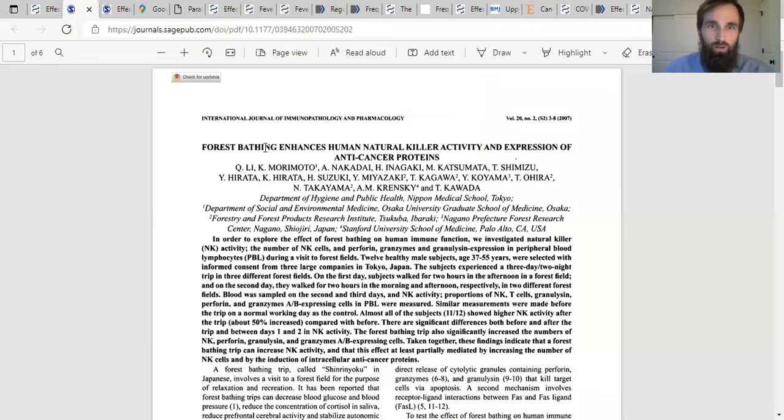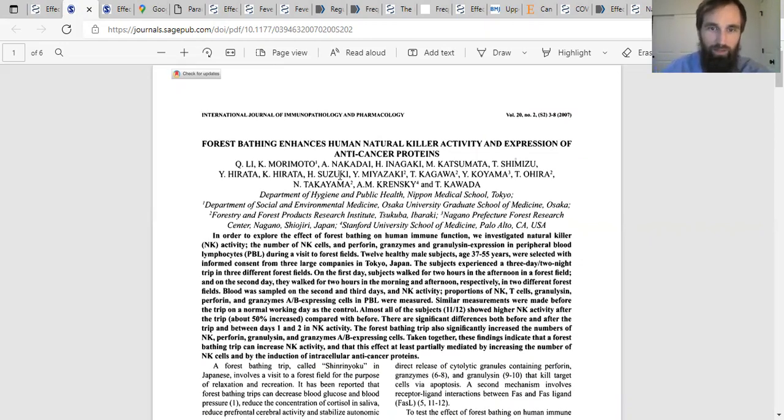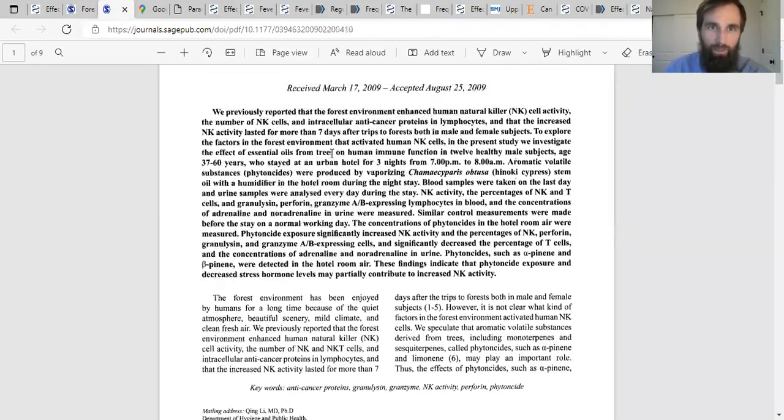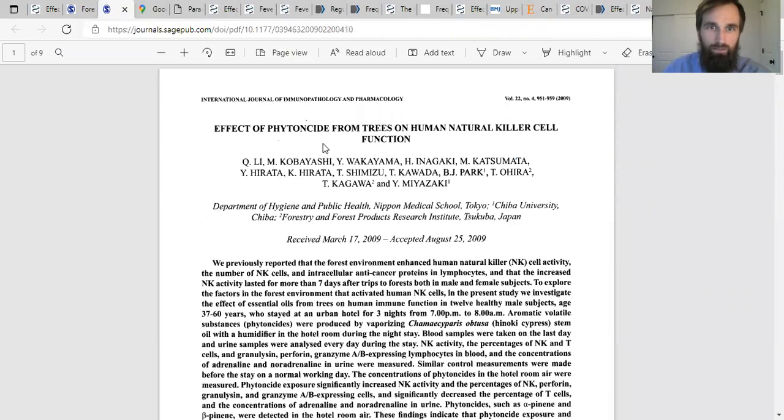Now, they did more. They did forest bathing enhances natural killer activity and expression of anti-cancer proteins. We're not going to go through this one, but this was also done in Japan by the same researchers. They wanted to look into it further: effects of phytoncide from trees on human natural killer cell function. This one was actually not done in the forest.